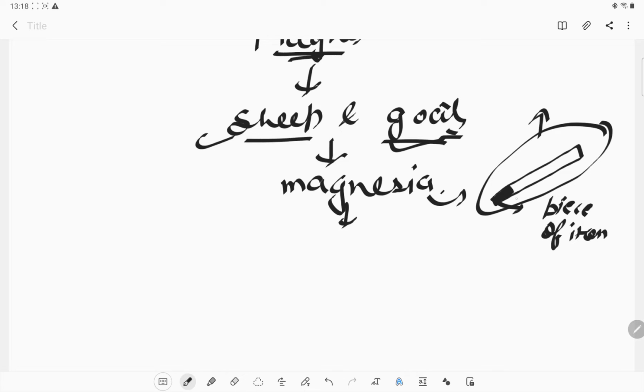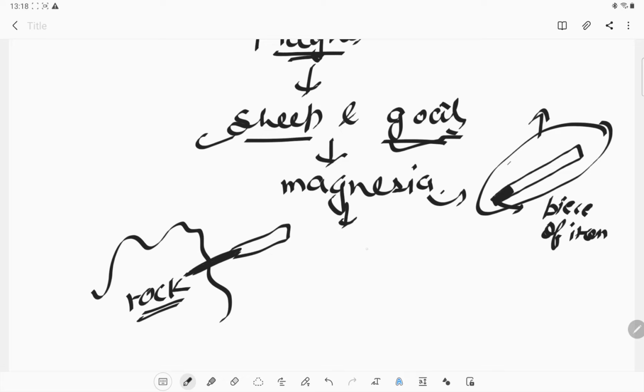So one day what happened? The stick stuck to a rock, and it was very hard to pull. He figured out that there was something attracting his stick toward the rock. So what was that? That was the magnet.